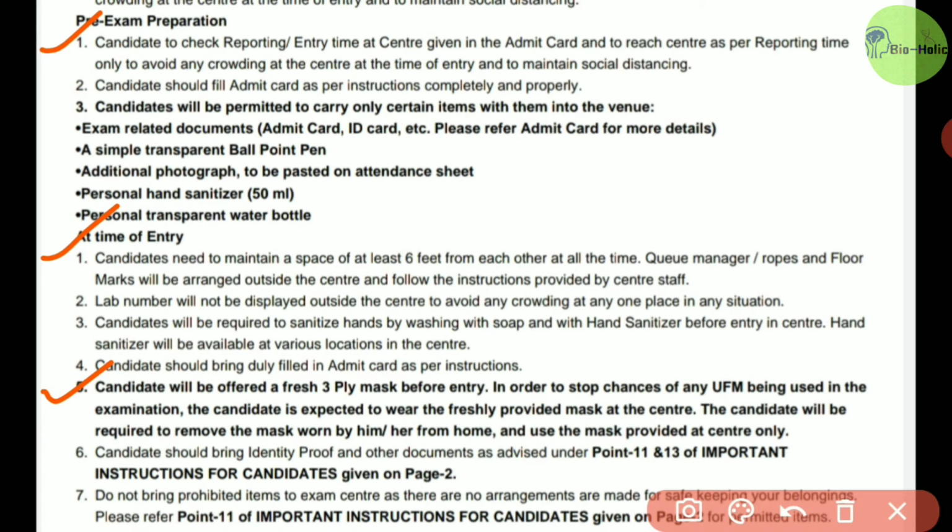The candidate is expected to wear the freshly provided mask at the center only. The candidate will be required to remove the mask owned by him or her from home and use the mask provided at the center only. Those points are very important which you have to maintain.